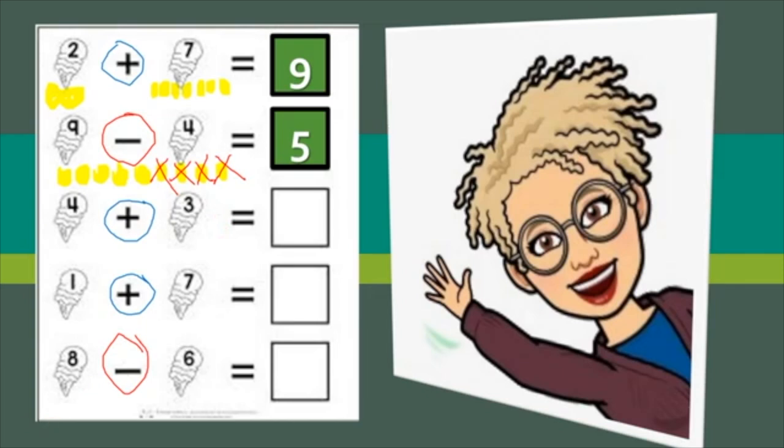That means then that we have to draw 4 circles here, 3 circles here, and then count them all together. 1, 2, 3, 4, 5, 6, 7. So that means that our sum then is 7.